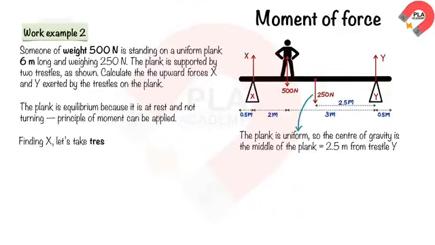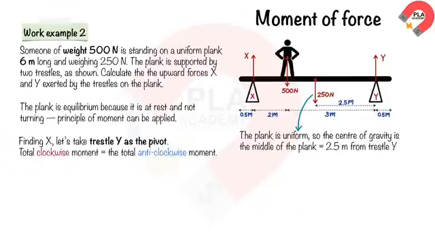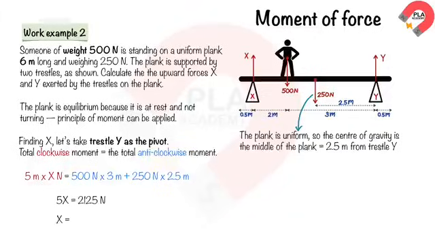Finding X, let's take trestle Y as the pivot. The total clockwise moment about Y equals the total anticlockwise moment about Y. Total clockwise moment, 5 times X, is equal to total anticlockwise moment, 500 times 3 plus 250 times 2.5. We will get 5X equals 2125, so X equals 425 newtons.